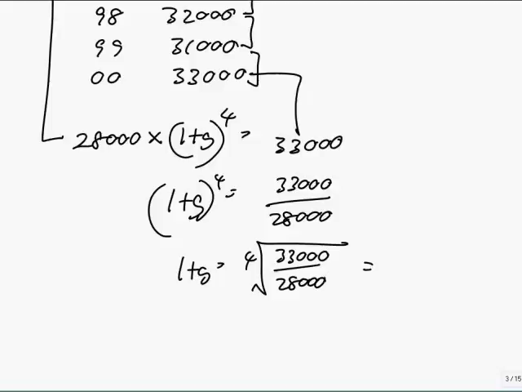Which, will you check me, 33 divided by 28 is 1.17 something. The 4th root, well, in fact, even with an ordinary calculator, it's the square root twice. But if you check me, I think it comes to 1.0419.